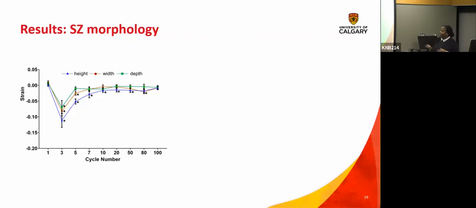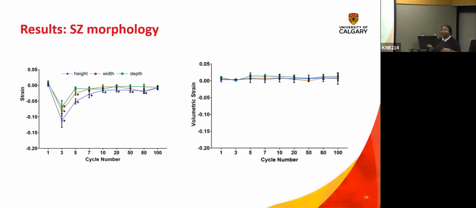Within the first few cycles, you have a decrease in the height, the width, and the depth. So you think of it more of like the cell shrunk in all directions. And then over time, we see the recovery of the shape just as we saw with the volume. And then again, with the middle zone, not much activity happening in terms of the shape changes as well.